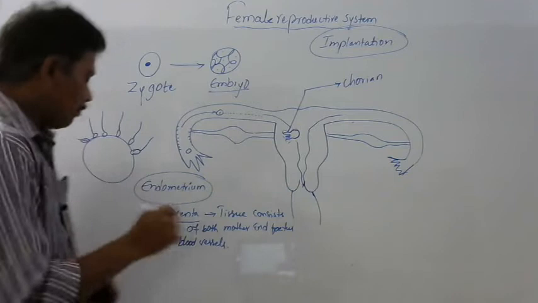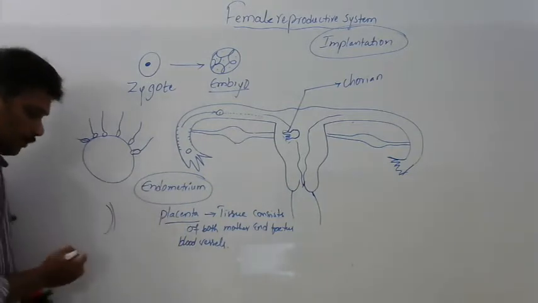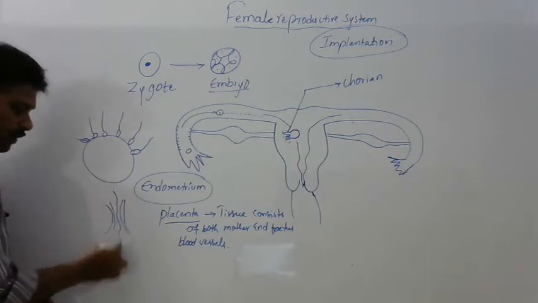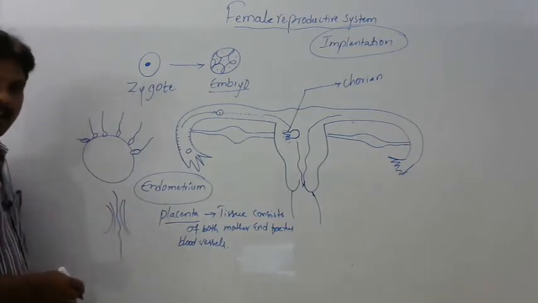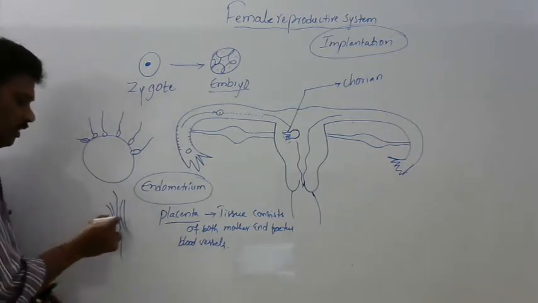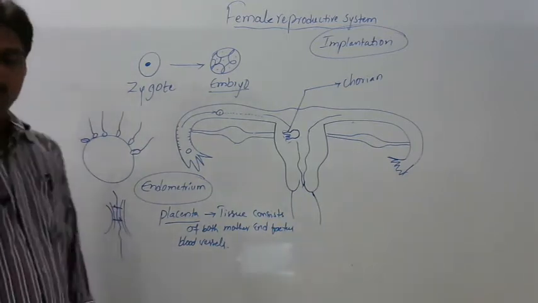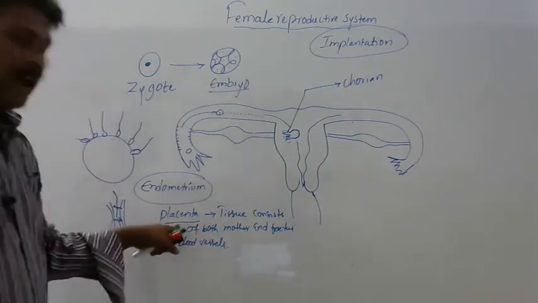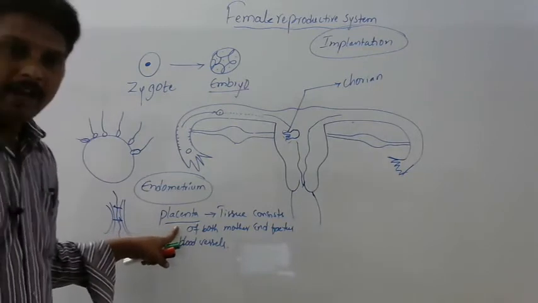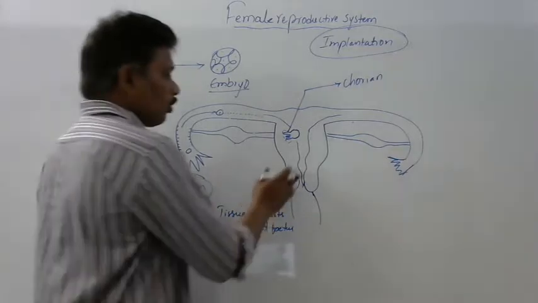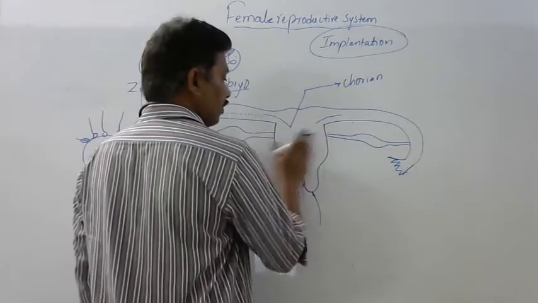Suppose this is the mother blood vessel and this is the fetus blood vessel; both are separated by a thin membrane. They are not directly connected, and the exchange of materials takes place through simple diffusion. Like this, the placenta acts as a barrier between the mother and the fetus. Okay. Next, the baby grows slowly.